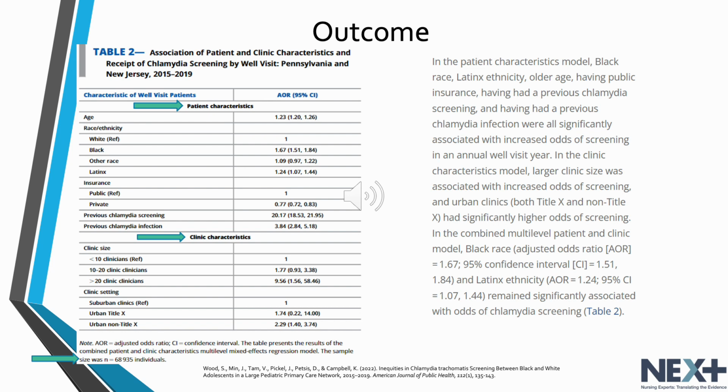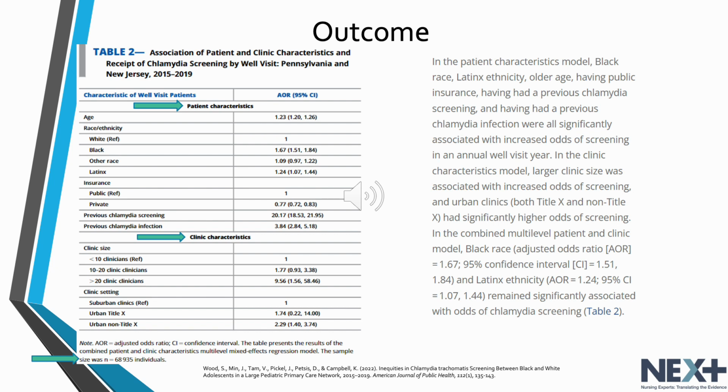These results are from a study that assessed variability in annual chlamydia screening rates across a large pediatric primary care network and determined the influence of patient race and ethnicity on the screening outcomes at the patient, clinic, and individual clinician levels.